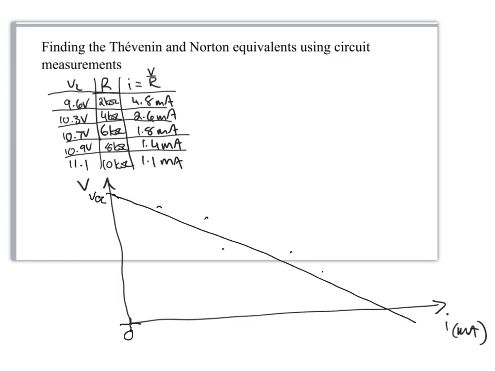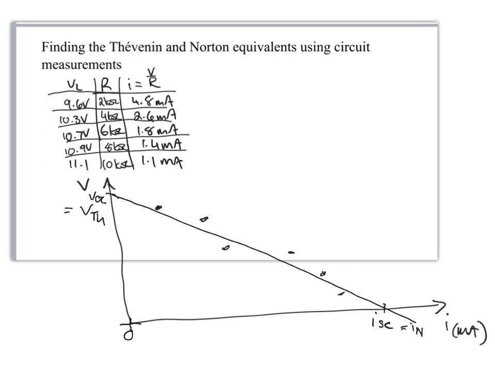And similarly, when the voltage is 0, then we know this current is I short circuit. And so by plotting these points, we are able to find the Thevenin equivalent voltage, because remember V open circuit is equal to V Thevenin, and we're able to find the Norton equivalent current, because I short circuit is equal to I Norton.